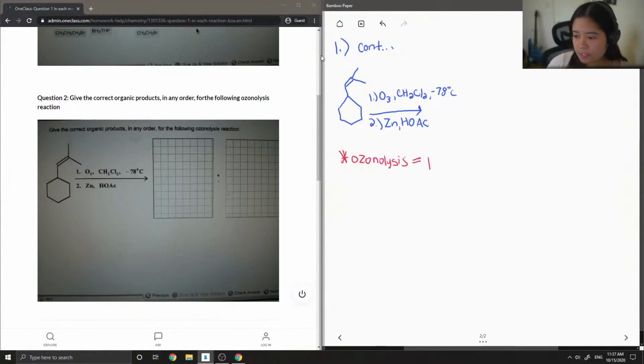Basically, this reaction produces carbonyl compounds. By carbonyl compounds, I mean either ketones or aldehydes.